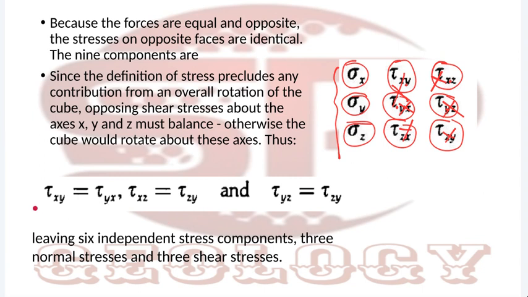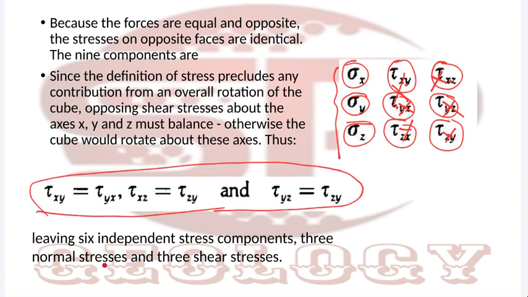So the shear stresses are equal: tau xy is equal to tau yx, tau xz equal to tau zx, tau yz equal to tau zy.